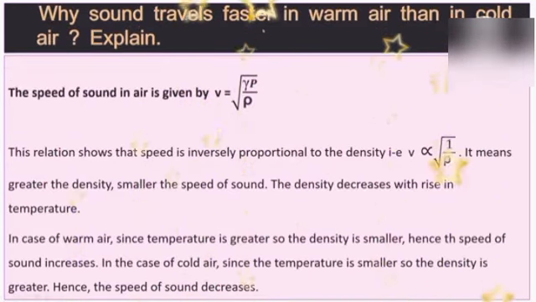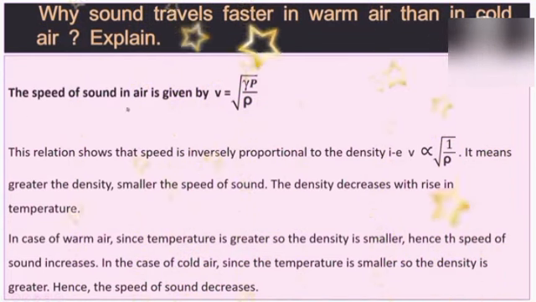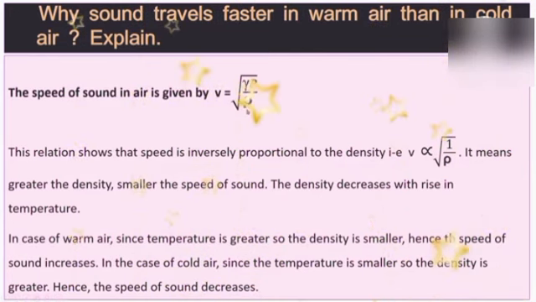Why does sound travel faster in warm air than in cold air? Explain. The speed of sound in air is given by v = √(γP/ρ). This relation shows that speed is inversely proportional to the square root of density.